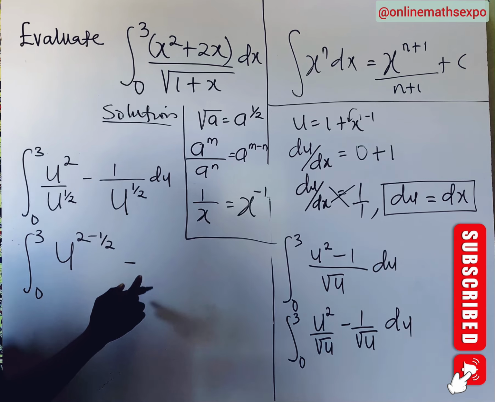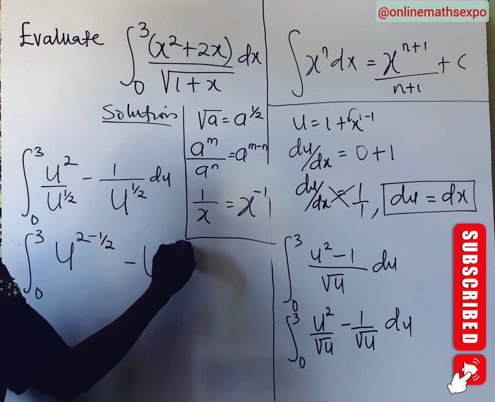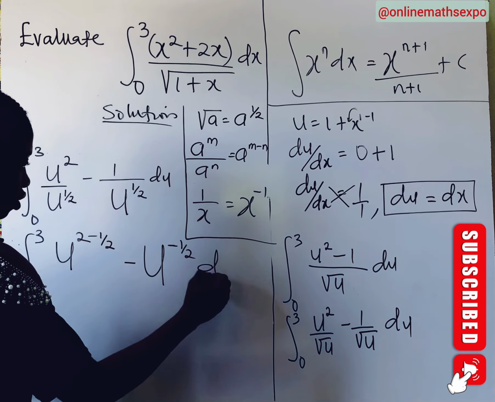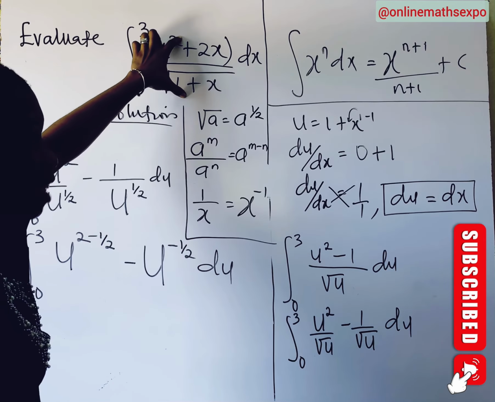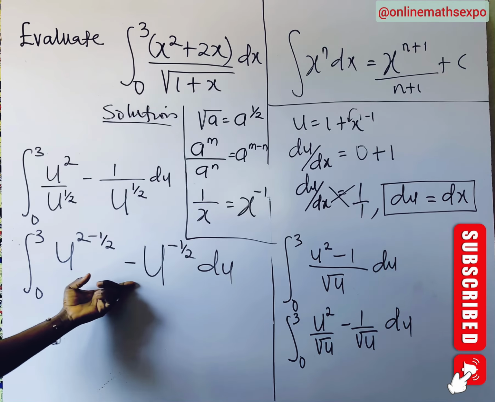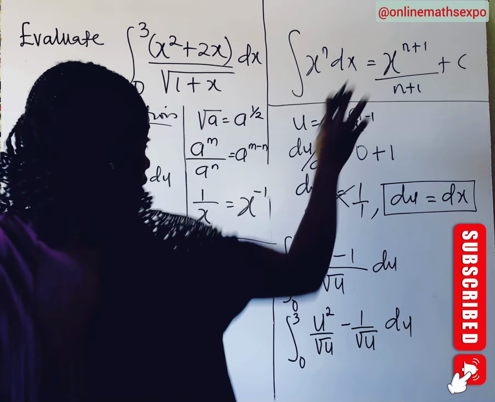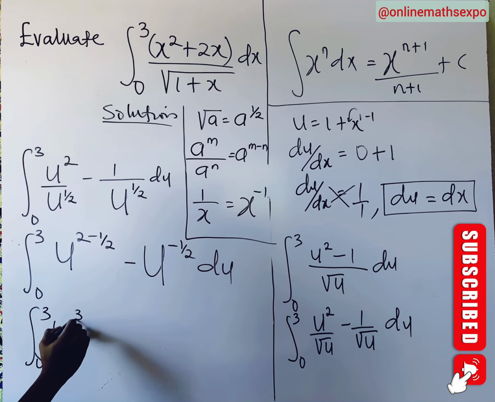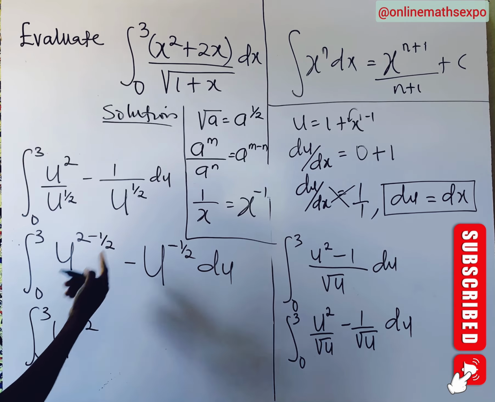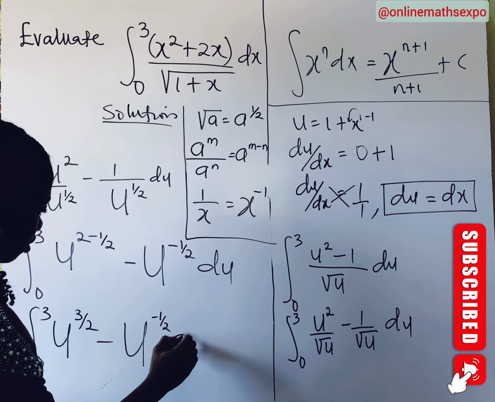So in this case, this will now be u to the power of negative 1 over this power, then du. So you see, we have now been able to reduce this rational function to a function that is in this form. And at this point, we can apply this method. So if we simplify, 2 minus half will give us u raised to power 3 over 2. If you subtract this, you have 3 over 2 minus this will give us negative half, du.